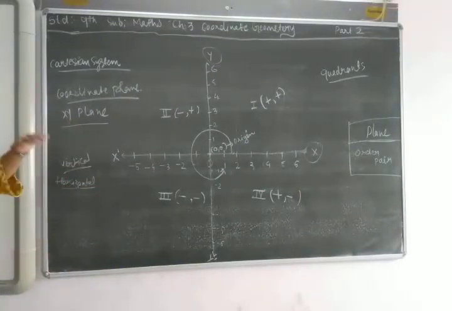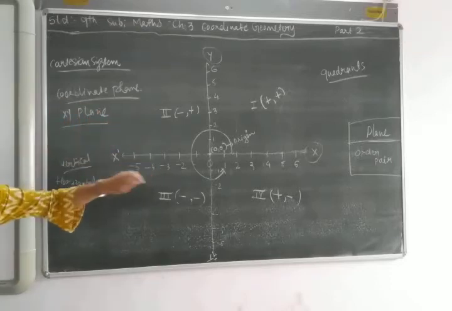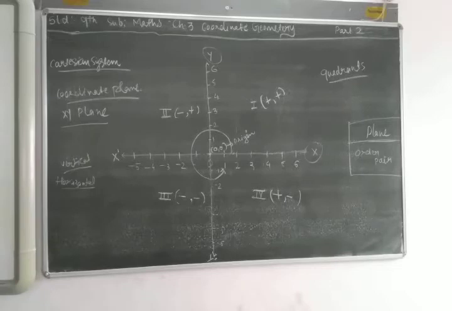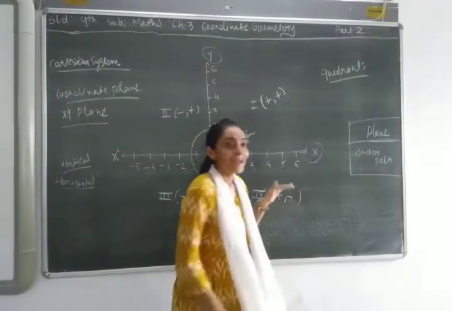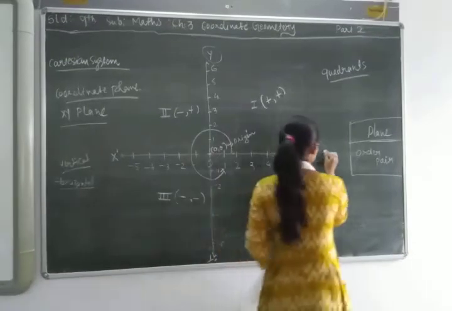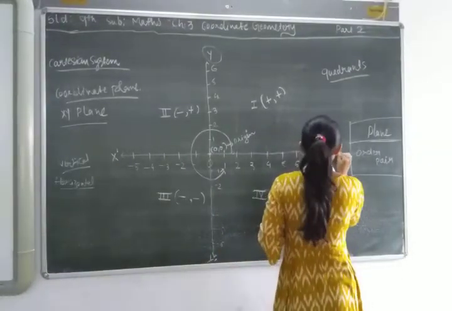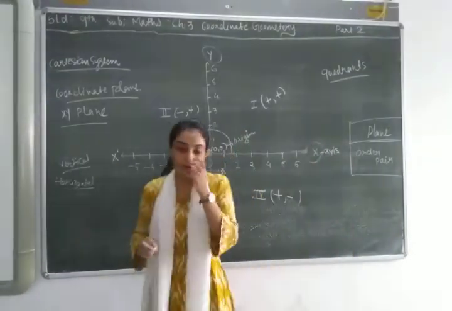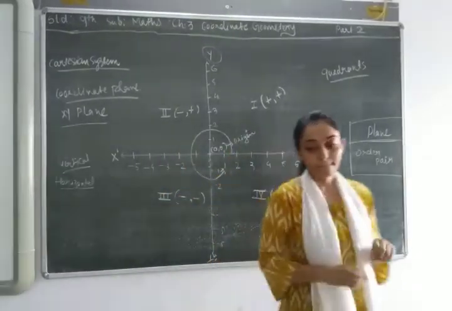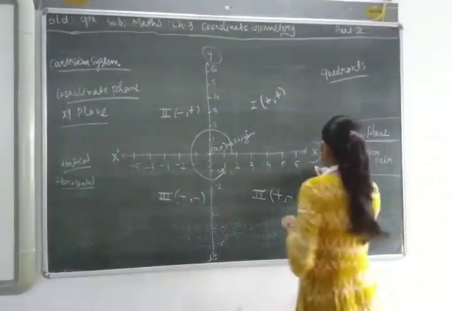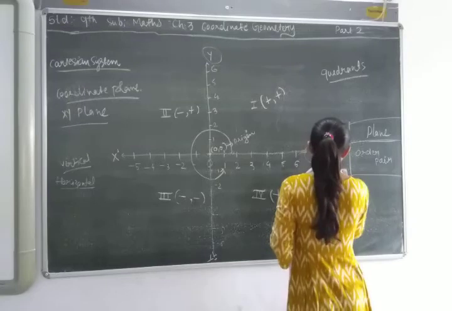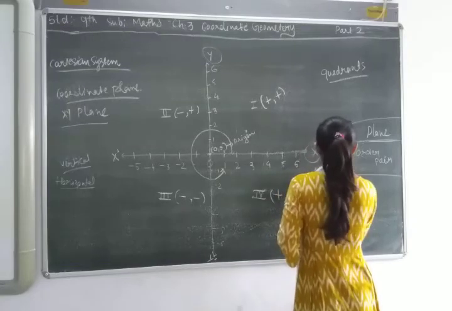Now this coordinate axis, x-axis, is called the abscissa. Okay.